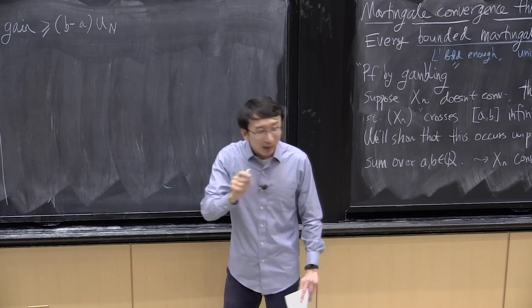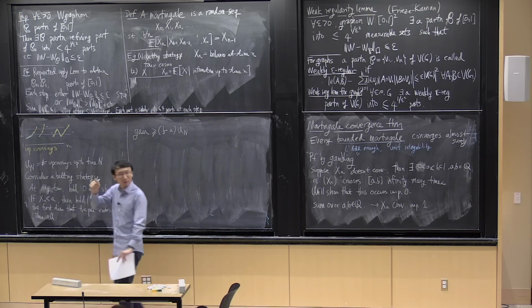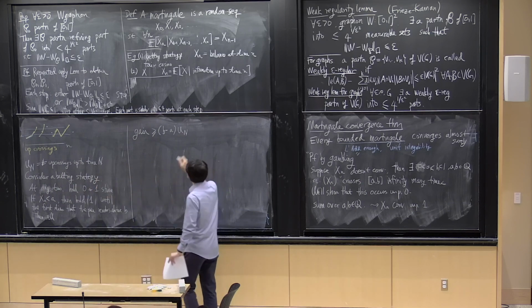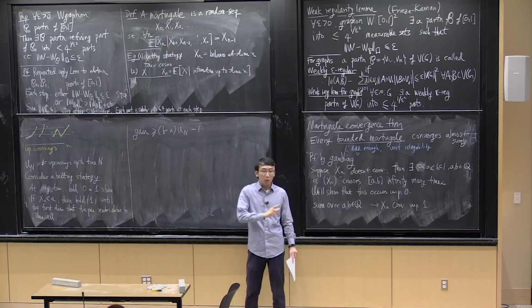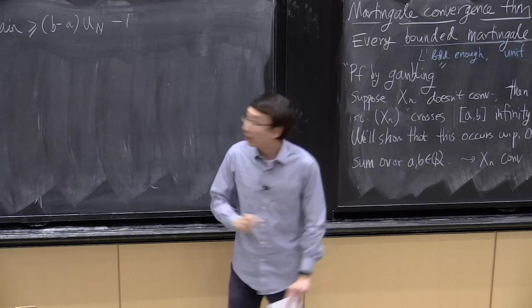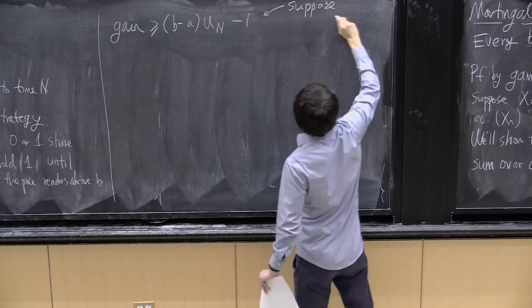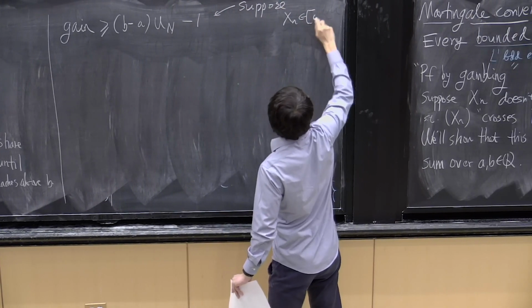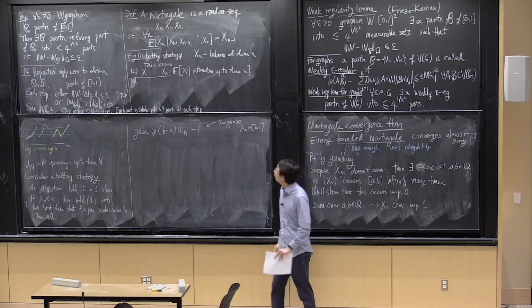You might start somewhere, buy, and then lose everything, so there might be an initial cost, and that cost is bounded because we start with a bounded martingale. Suppose the martingale is always between 0 and 1.